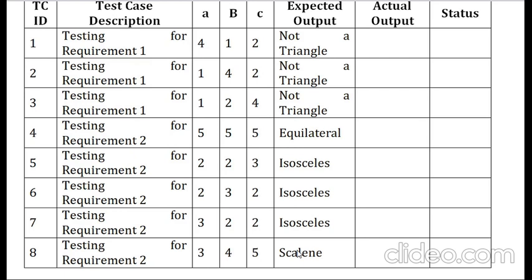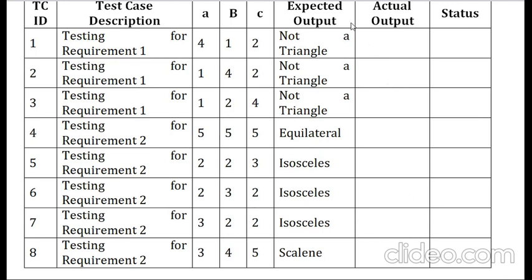Before executing the program, means the source code, we can write up to here like this. After we execute the triangle program, we get some outputs. For the same values 4, 1, 2, definitely the actual output after execution is not a triangle. Then only we can fill the columns actual output and status.